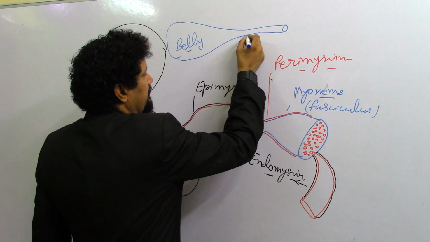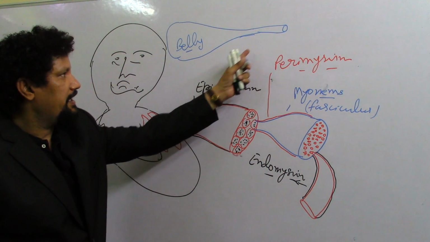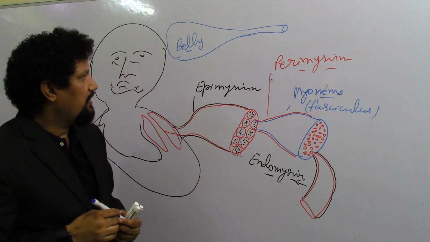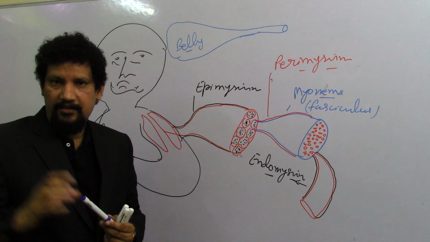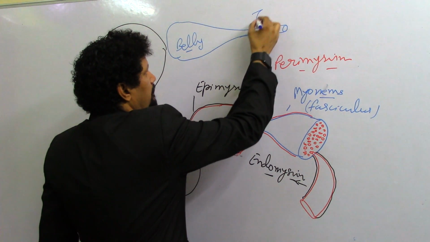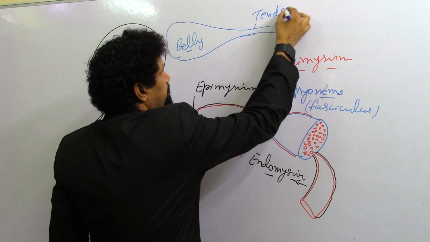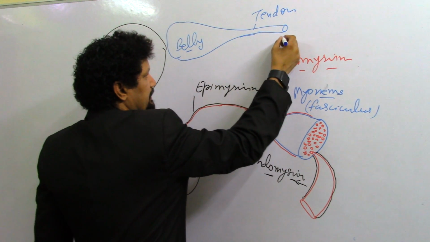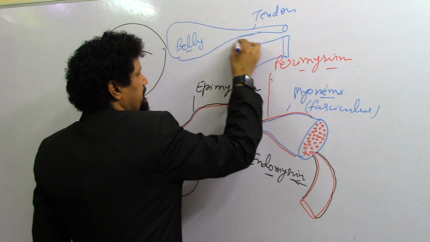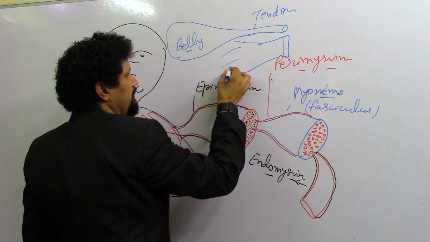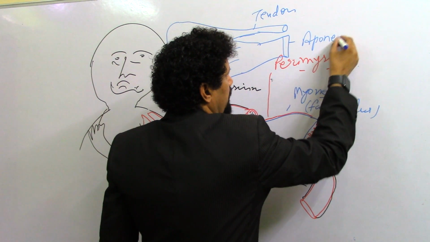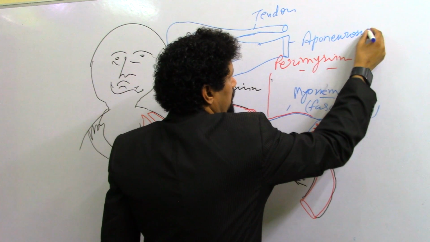This thin part, which is non-contractile and formed by the collagen fibers or other fibers, is known as tendon when this is round in cross section. But when this is sheath-like, especially seen in flat muscles of abdomen, this is known as aponeurosis.